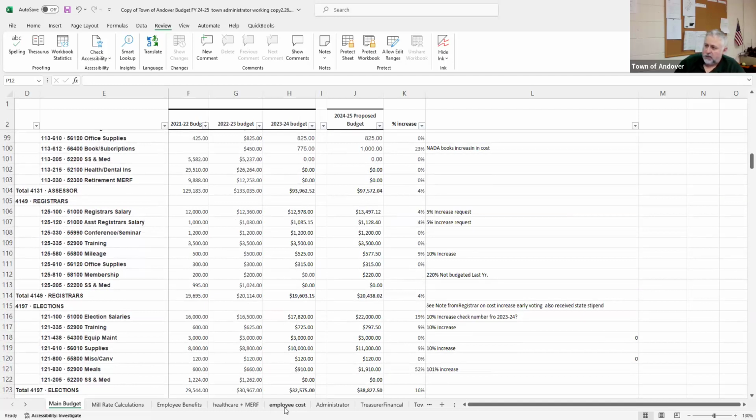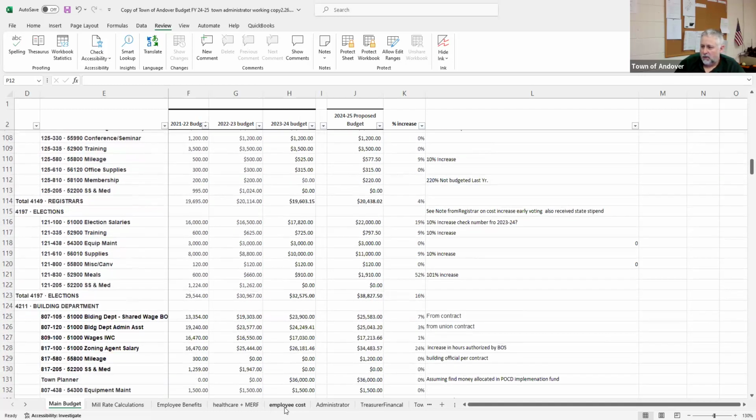It's not a big increase, but it's a few thousand dollars. They were asking for extra money for election salaries. That is offset by additional revenue that the state has provided for the towns. But they are asking for an increase, which shows up as a budgeted amount. That's line 116.